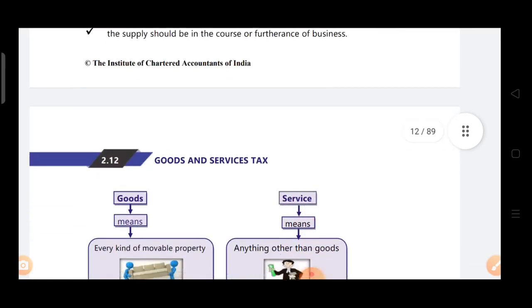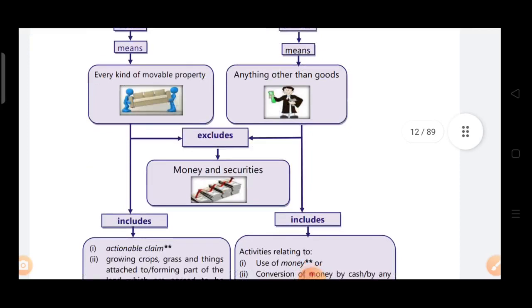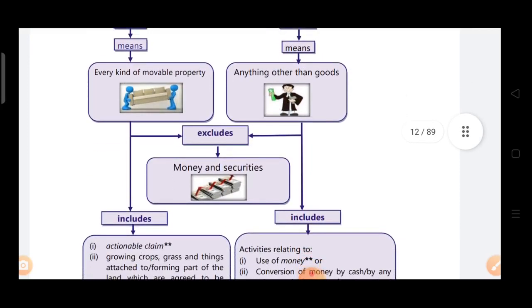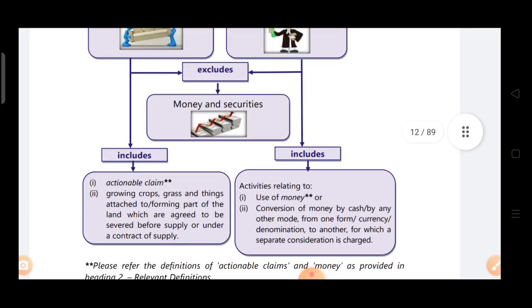Clear? Now again, goods means every kind of movable property, services means everything other than goods, and both the definitions of goods and services exclude money and securities. Goods includes actionable claim, growing crops, grass and things attached to or forming part of the land which are agreed to be severed or cut off before supply or under a contract of supply.